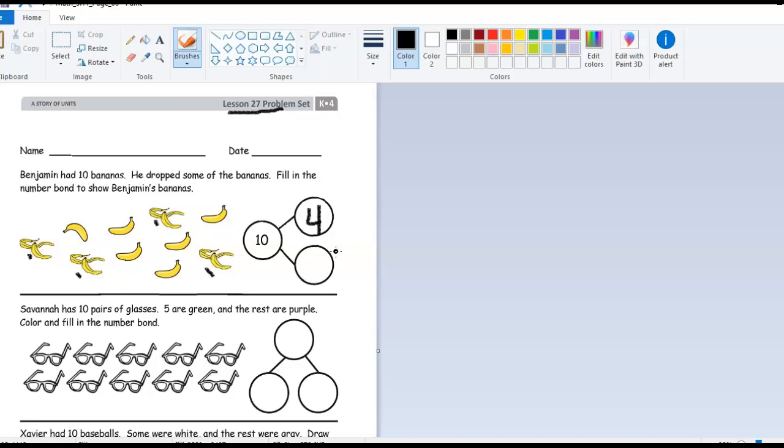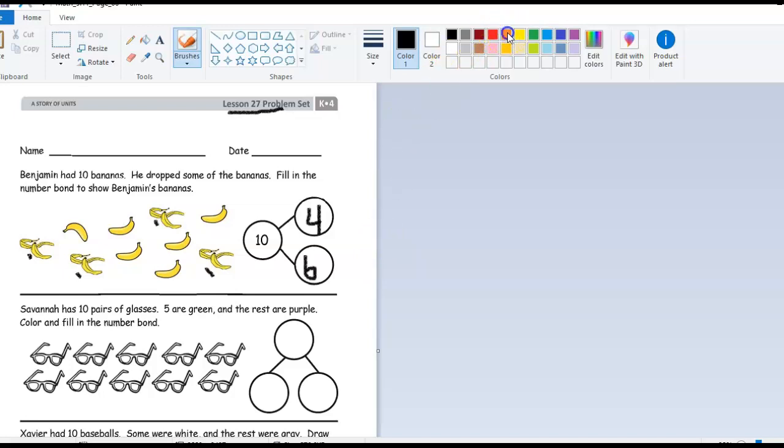How many are there? Let's count. Get ready. 1, 2, 3, 4, 5, 6. How many bananas are not dropped? Yes, 6. And we know that 6 is our other part. So I'm going to write 6 right there in the other part of the number bond.